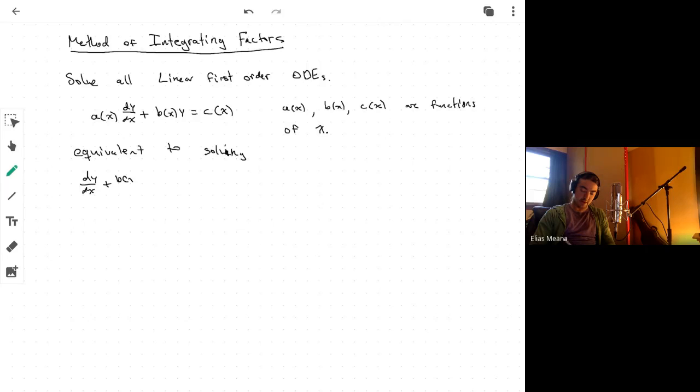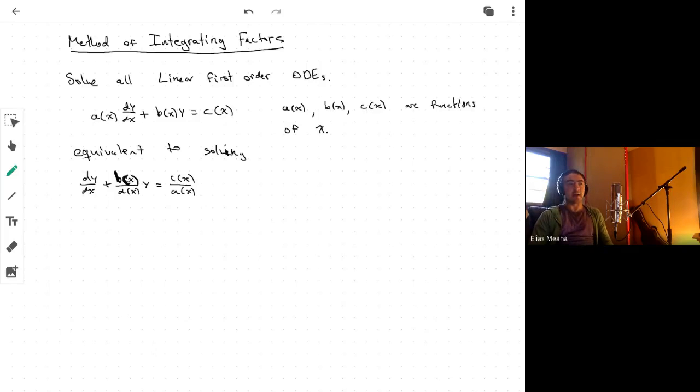I'll tell you why we don't have to worry about division by 0. If a was 0, it wouldn't be differential anymore, it would just be a regular equation. If we're only interested in first order differential equations, a is not 0, so this is justified.